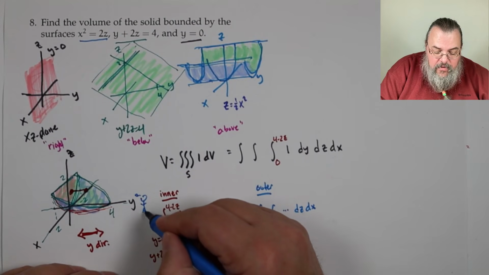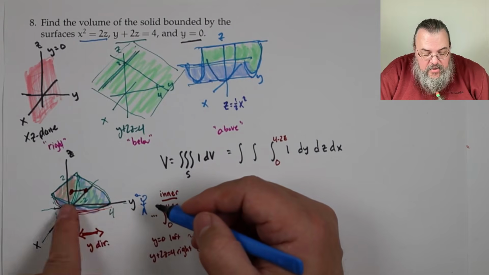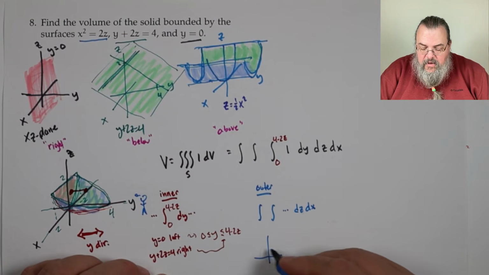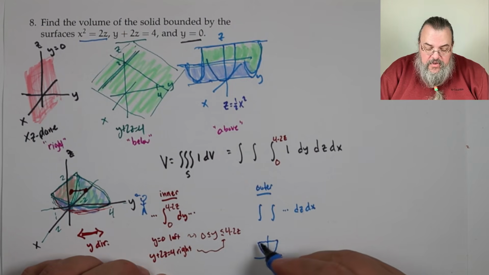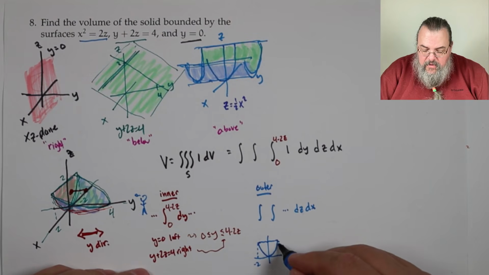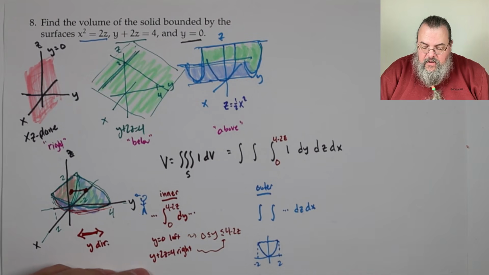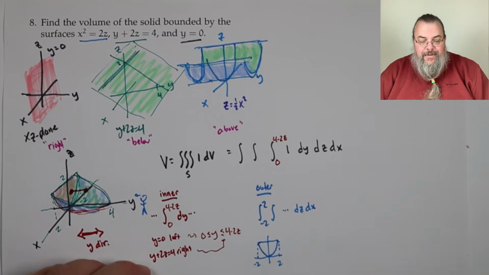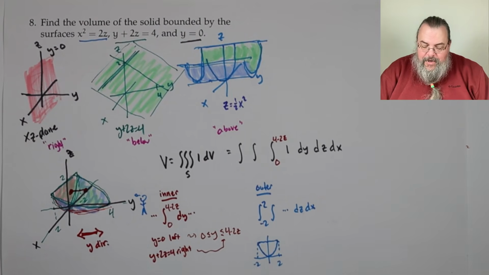Well, we see, namely, just x and z. And we see the parabola. And we've mentioned before, this is at -2. This is at +2. And we say, well, where does x go from? -2 to +2. Okay, that's good that we've already mentioned it.